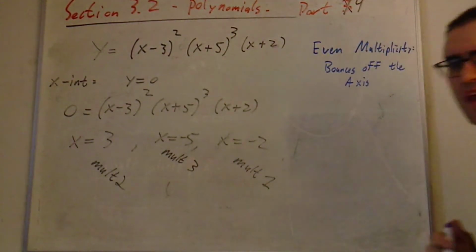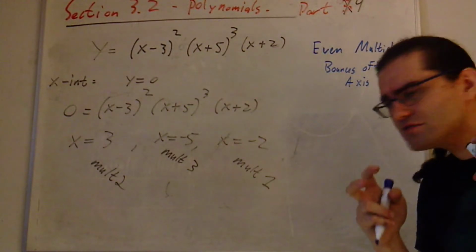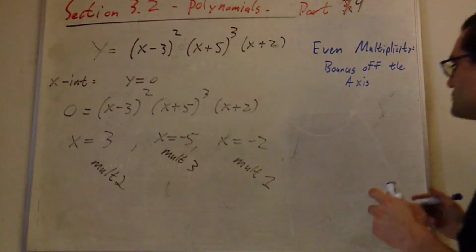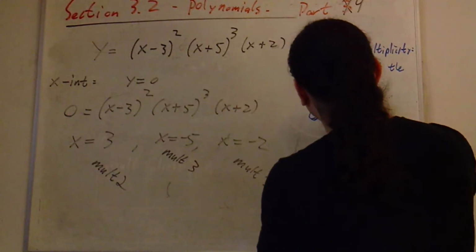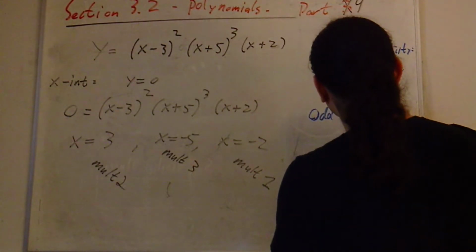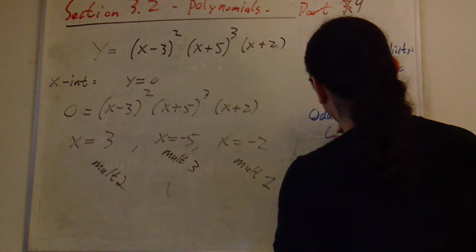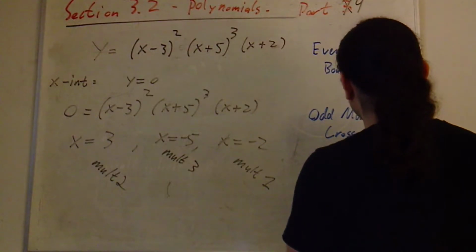Or I think the official math word that the book uses is that it turns. I like bounces. Bounces is just a much more fun word to say. If something has odd multiplicity, it crosses the axis.